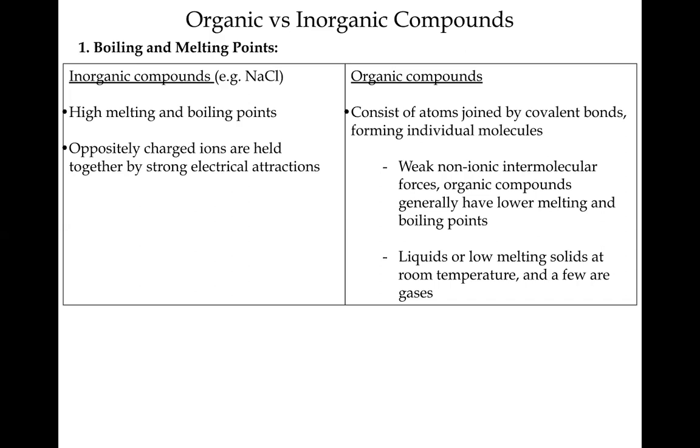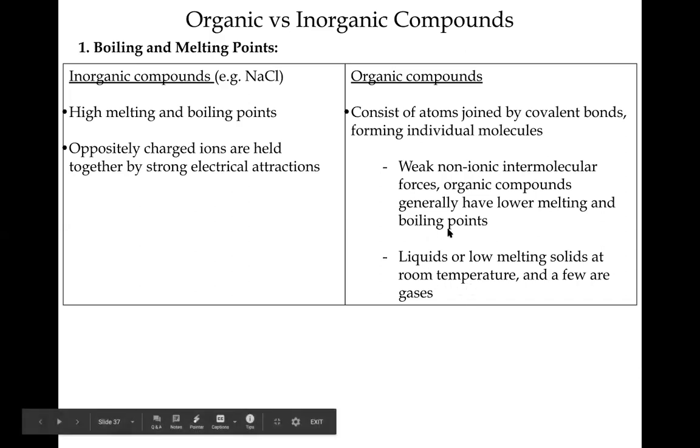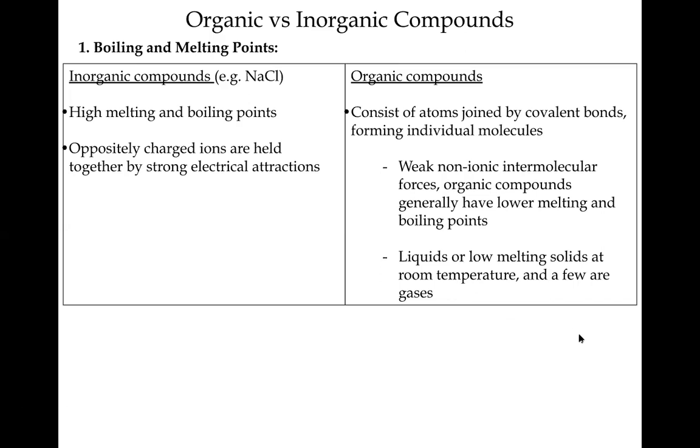So canola oil and vegetable oil are polyunsaturated, so they have lots of double bonds, and avocado, I think, is monounsaturated, so just one double bond. Anyway, we'll get into more of that later, but I guess I kind of got on a tangent. But again, organic molecules tend to be primarily liquids.